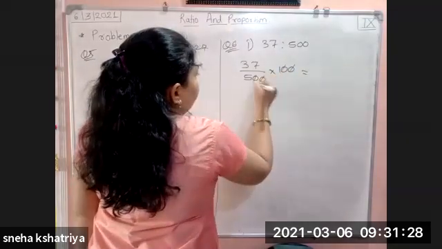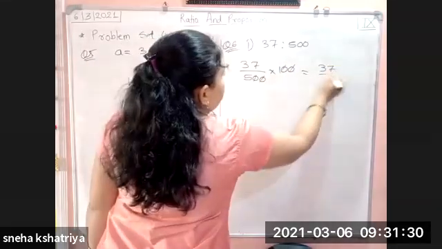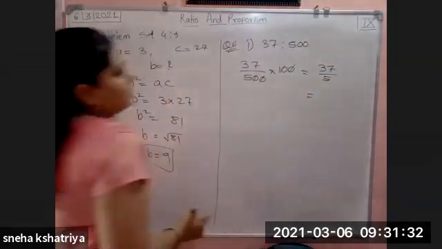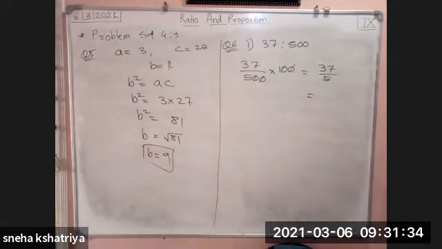The 0s get cancelled, and you will get 37 divided by 5.